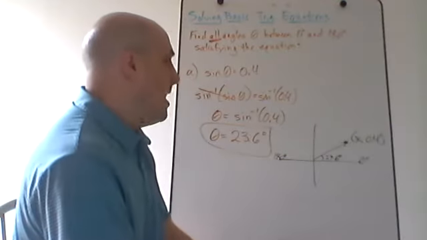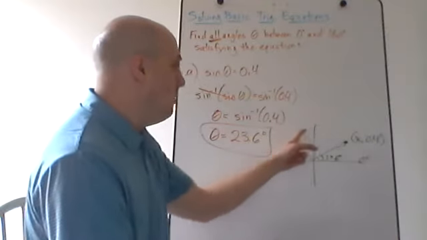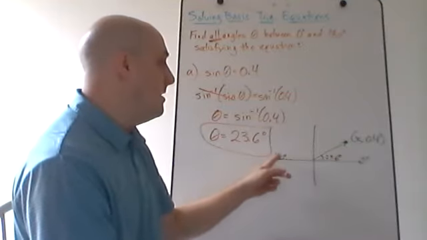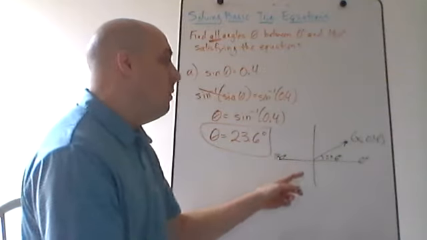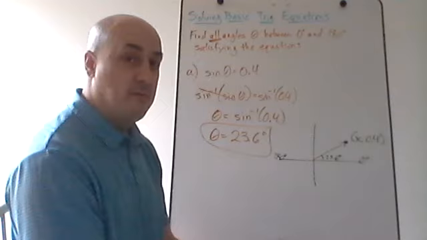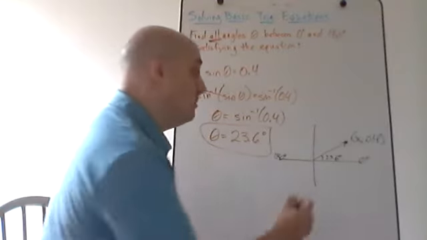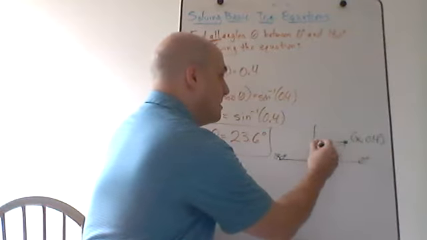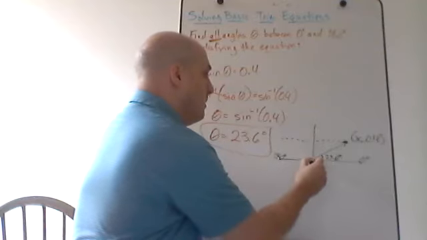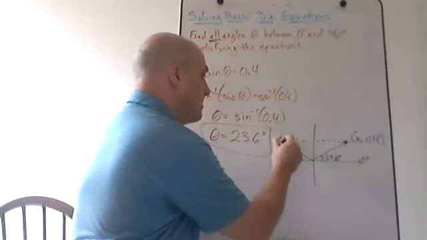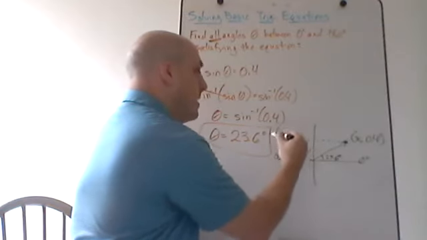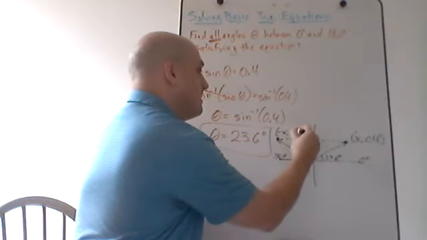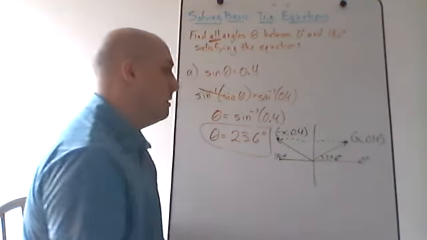All right, now the question is, is there another point between 0 degrees and 180 degrees? Is there another angle there where I'm going to have another y coordinate of 0.4? The answer is there absolutely is. If I move over here into the second quadrant, whatever this angle is, that kind of just reflects over, and this point is going to have negative x comma 0.4.